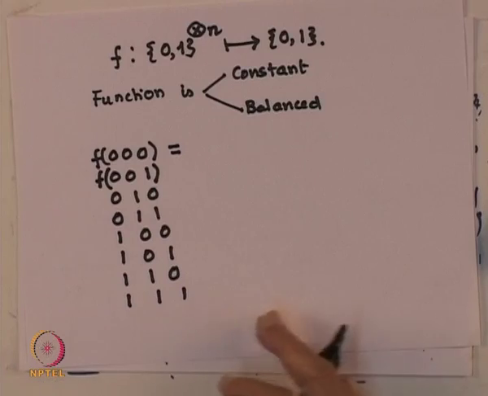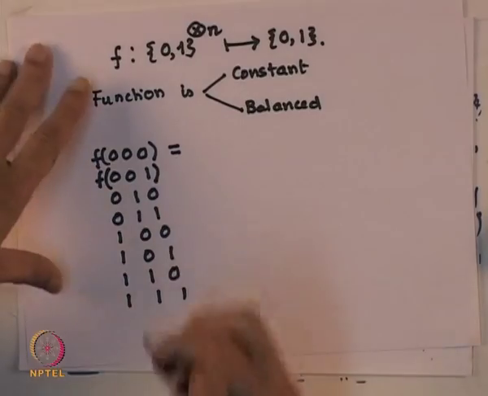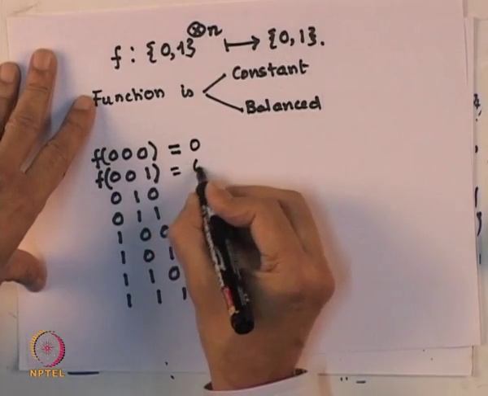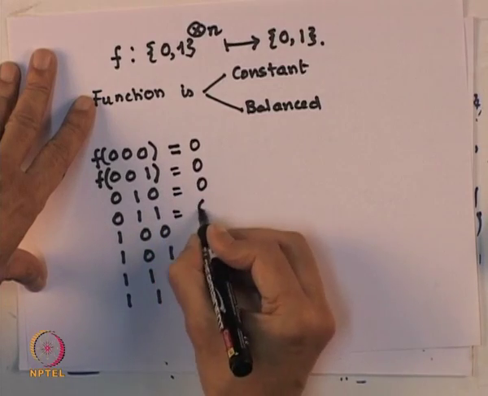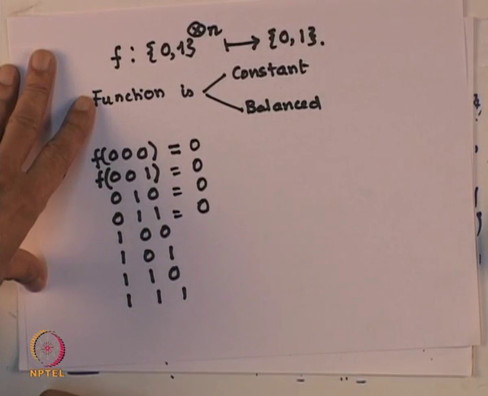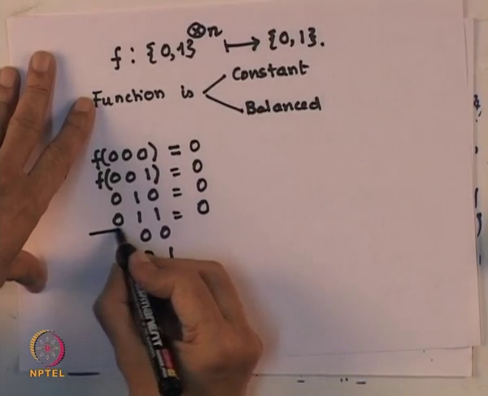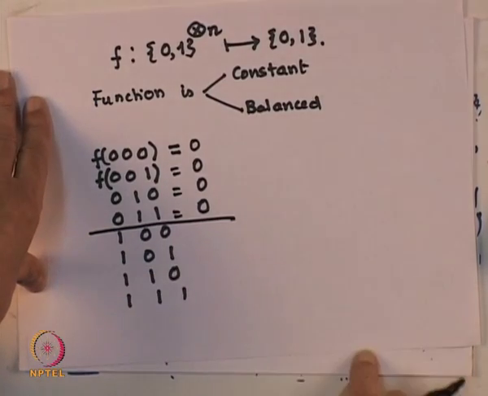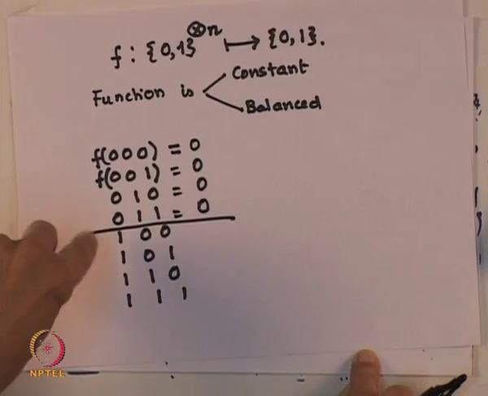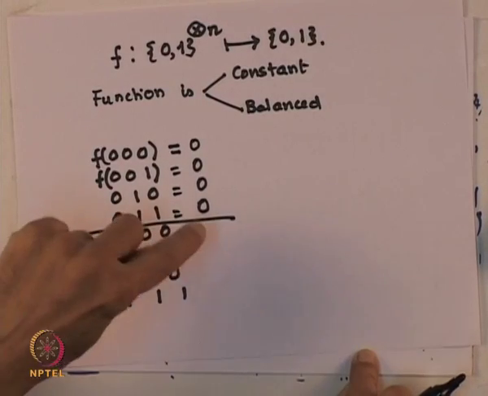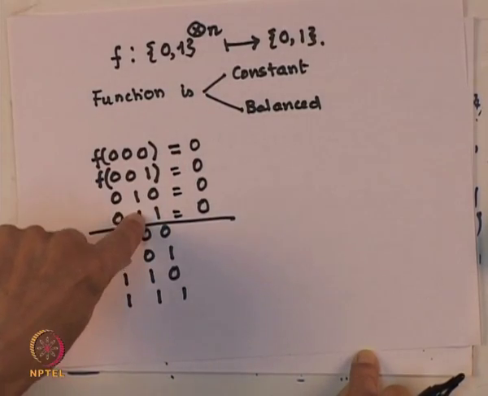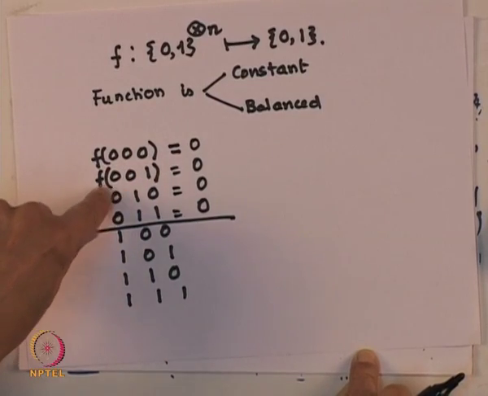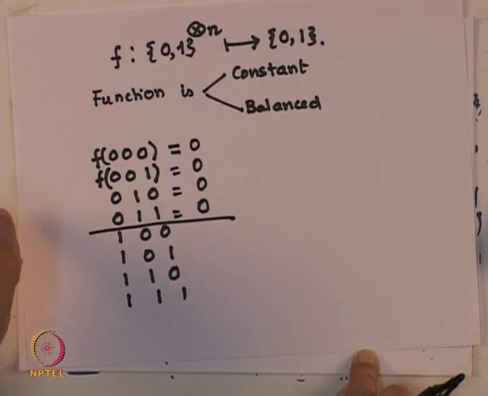But in principle I could be unlucky. Supposing this is 0, this is 0, this is 0, this is also 0. I still cannot conclude what type of function it was till I step onto the 5th one. Now when I come to the 5th one, if it is 0, I stop my computation for the simple reason that it is already proved that it is a constant function.